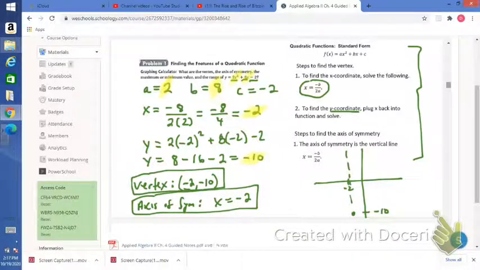Now our A is a positive 2. Because it's positive, our graph is going to open up.